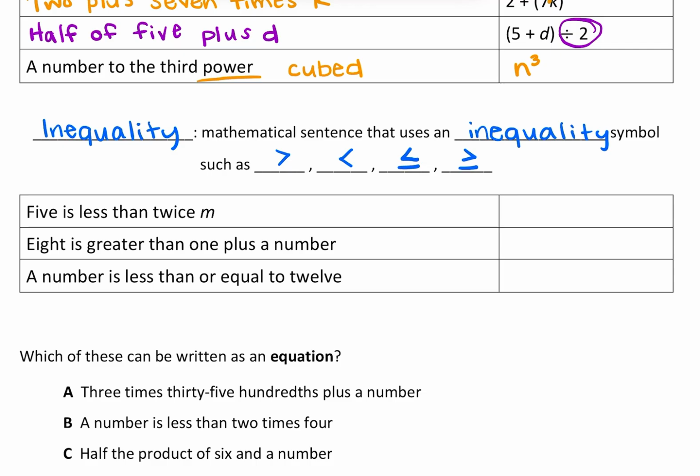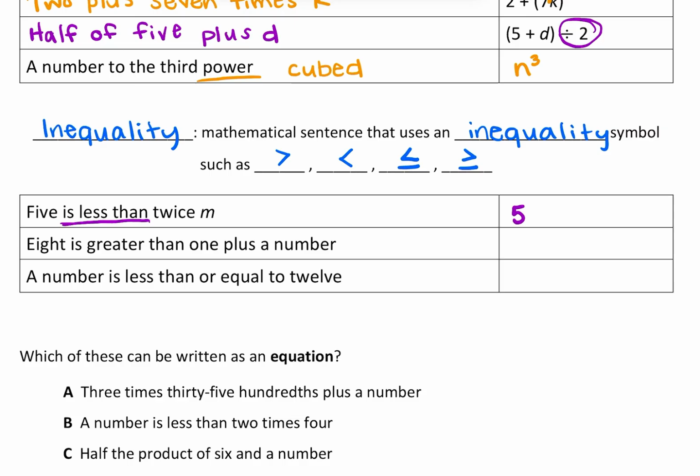Okay, so all of these are in words. We're going to write them in math. So 5 is, okay, so I really need you to look here. You might be thinking, that means equal, okay? But not in this situation. This says is less than.